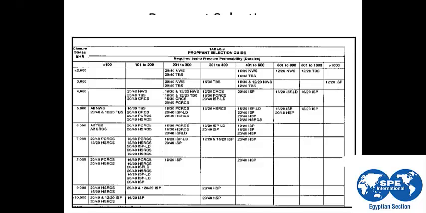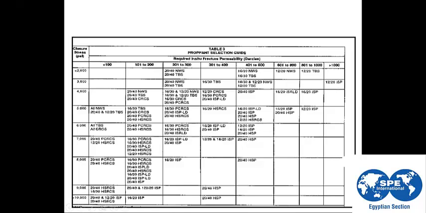So we have this table to explain the proppant size and the proppant type, either high stress or intermediate stress, for each closure stress and required fracture conductivity or fracture permeability in darcies. So we have here the range less than 100 darcy of fracture permeability against 5,000 closure pressure as an example.